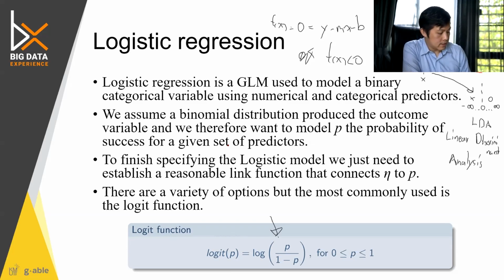What is this? This is called the log odd. This is an odd inside, and you take the log, and what would happen to the log of odd? We know that probability has a value less than 1, right? So what would be the range of p divided by 1 minus p?